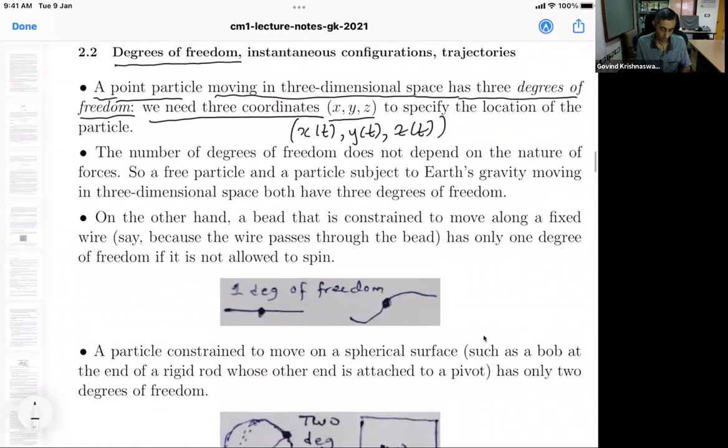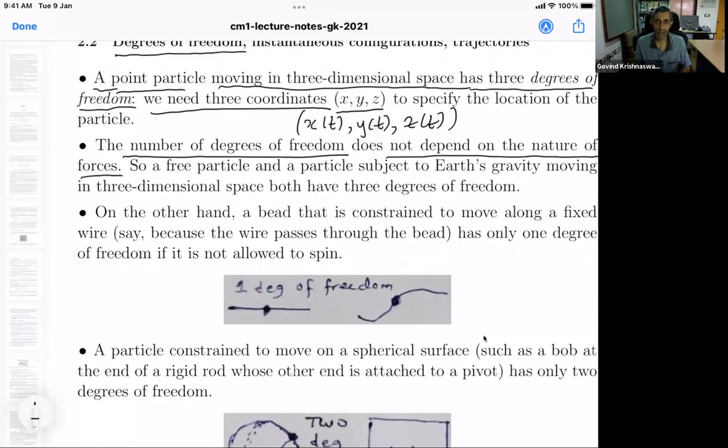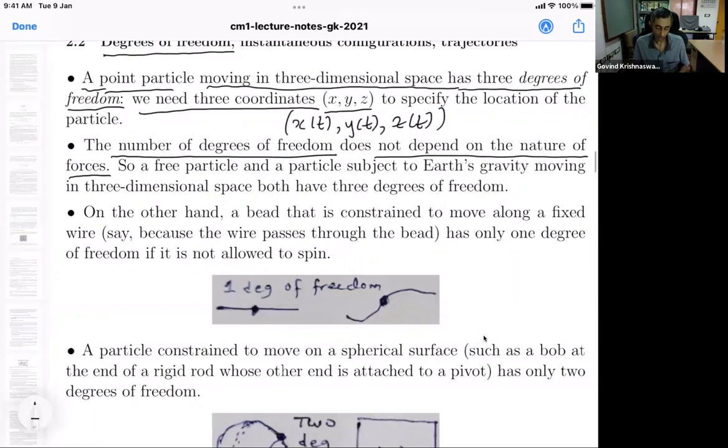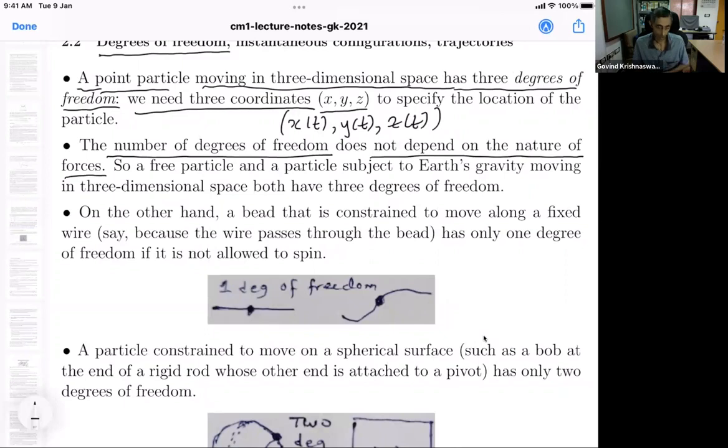It is important to realize that the number of degrees of freedom does not depend on the nature of forces or interactions and such like. It is purely, if you like, a geometric concept. I mean, not geometric in a very deep way, but it has nothing to do with forces and interactions between particles and so on.